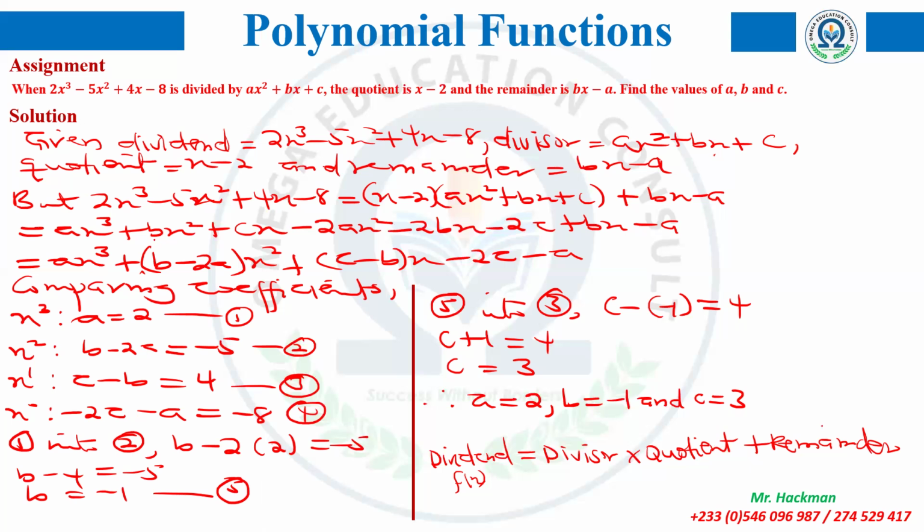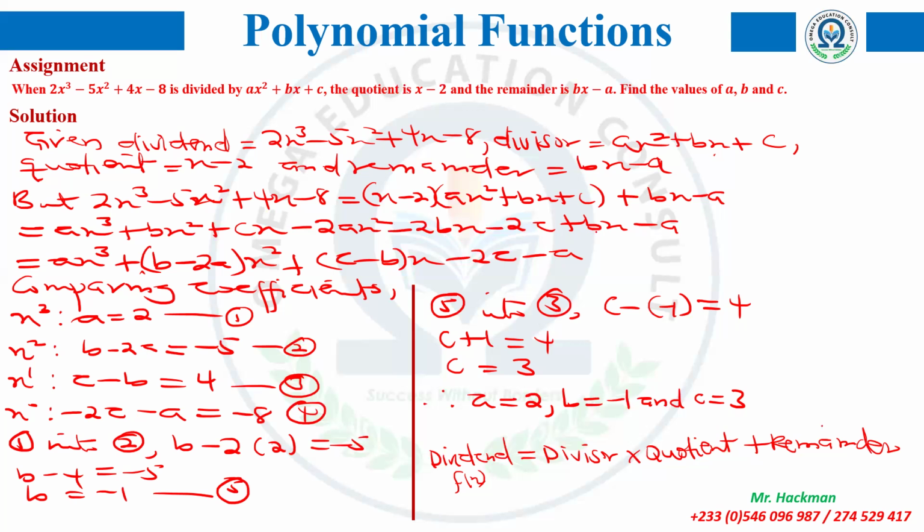The coefficient of this one is b, then plus minus 2a. That will give you b minus 2a in brackets. Failure to put this in brackets will be costly. Then you keep your x squared. Then if you come to the x term, you have three: cx, minus 2bx, and bx.